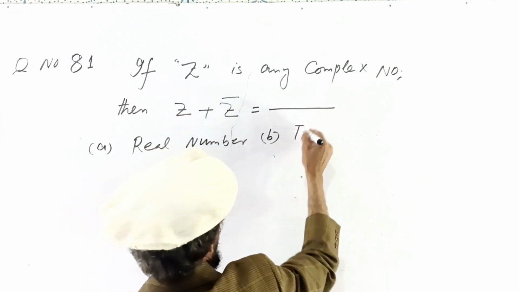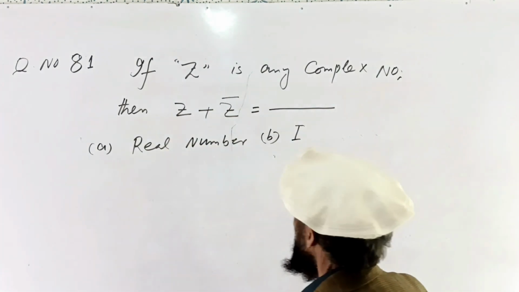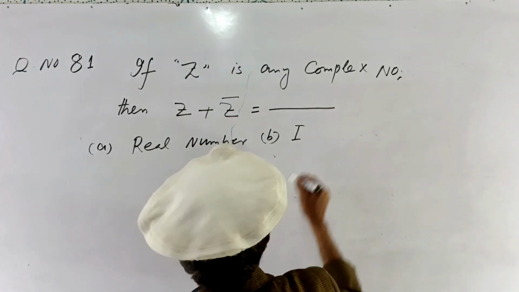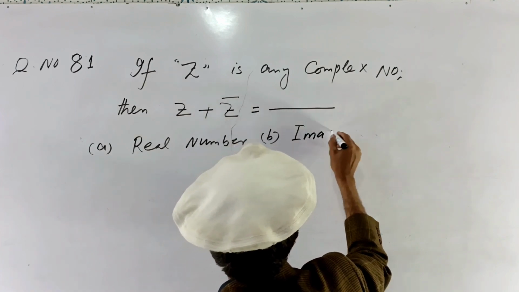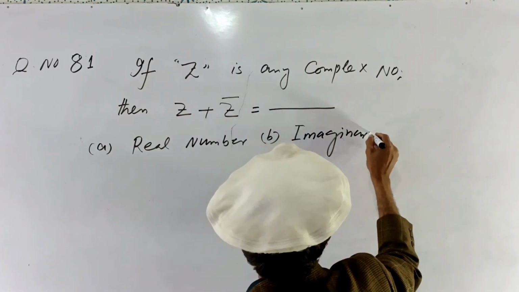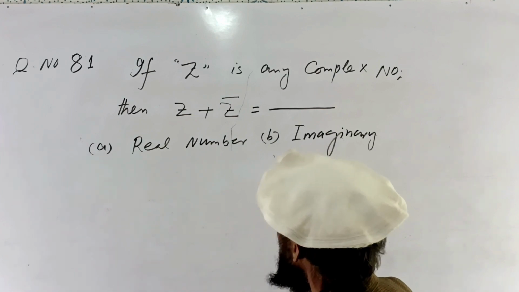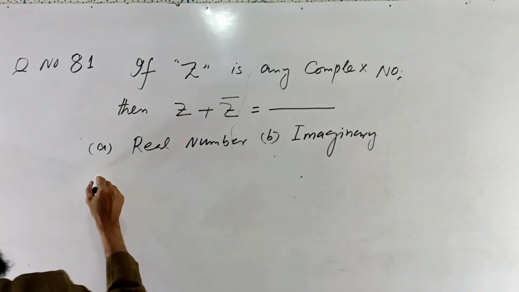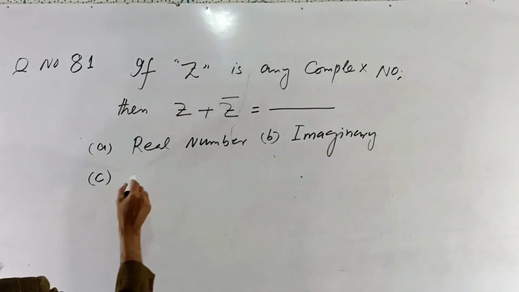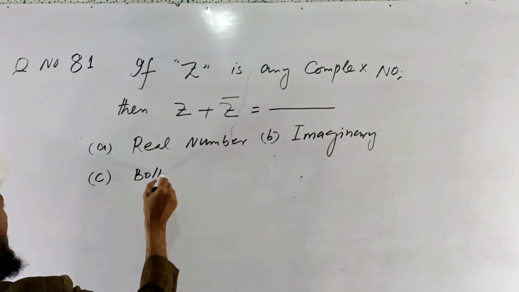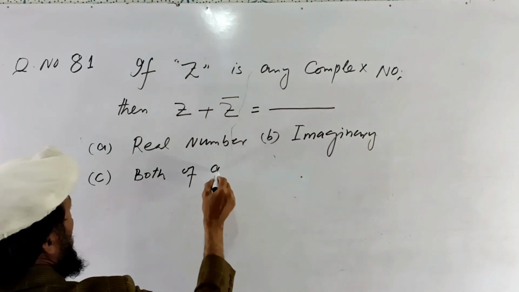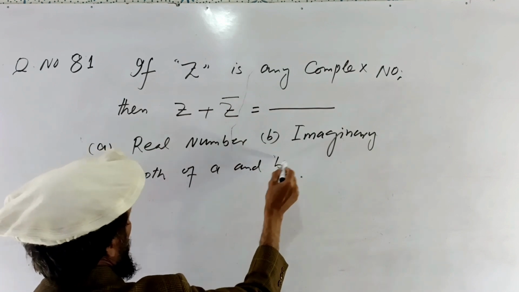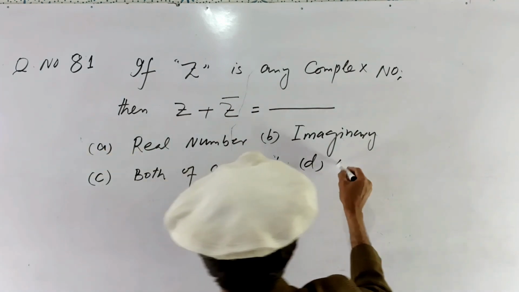B, imaginary part. C, both A and B. D, none of these.